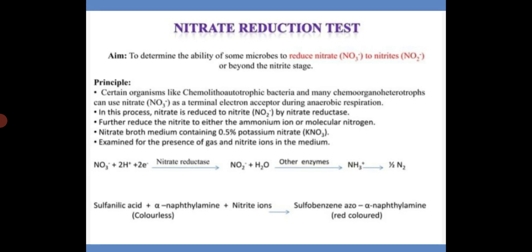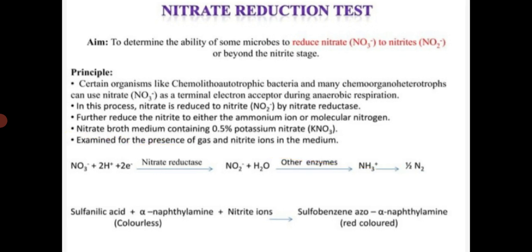The formed nitrite, or NO2, can be detected by using two reagents, sulfanilic acid and alpha naphthylamine. Both these reagents are colorless, and in the presence of nitrites they form a compound, sulfobenzene azo alpha naphthylamine, and this is a red colored compound.